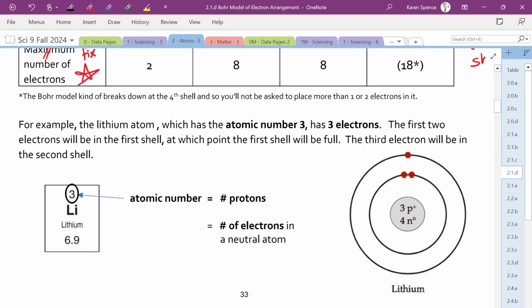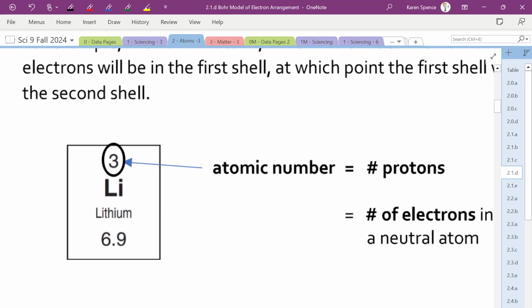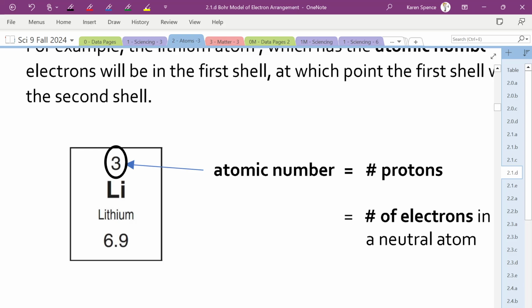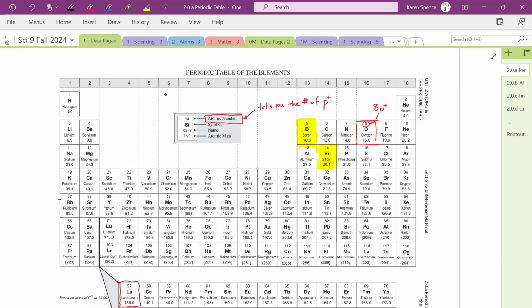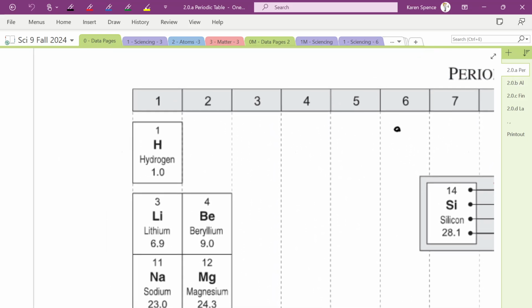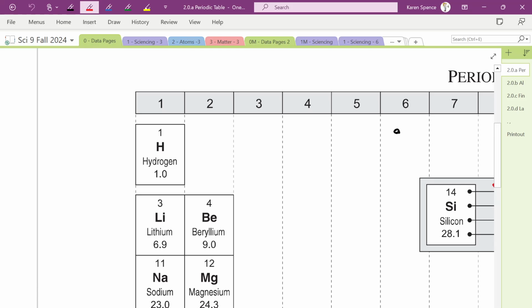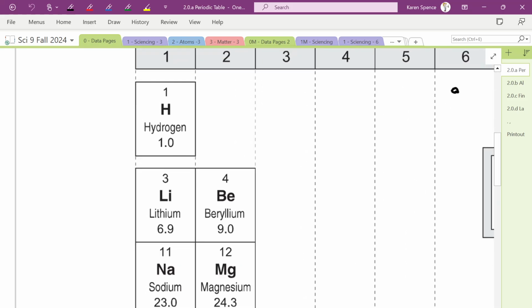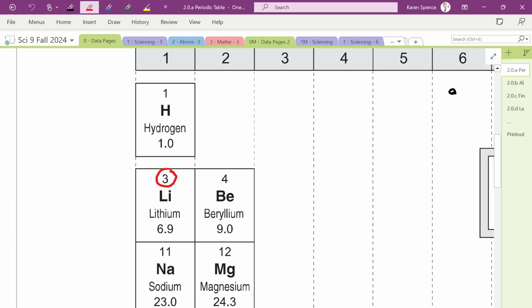So we've got a lithium atom. Look on your periodic table. Here's lithium. And you'll notice the number at the top says 3.